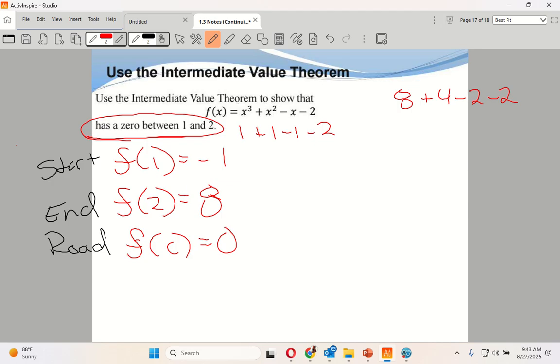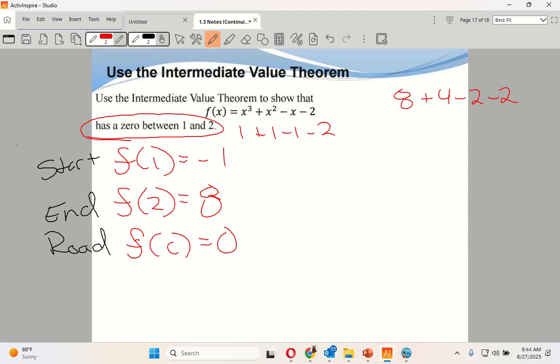Yes. If it was a negative over here, negative 8, we can't say yes. It might have, but we can't say yes. No, this one is asking for a 0.